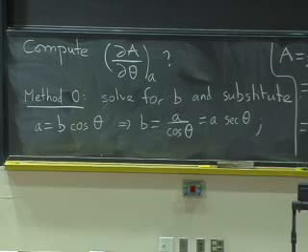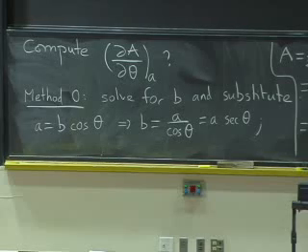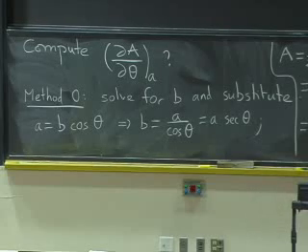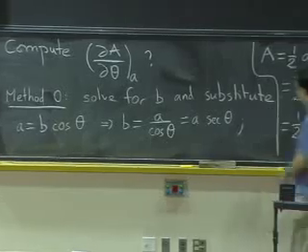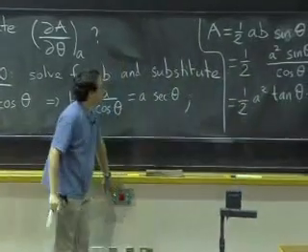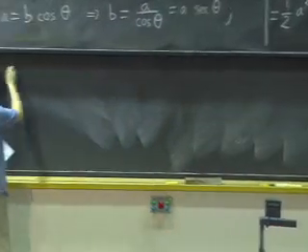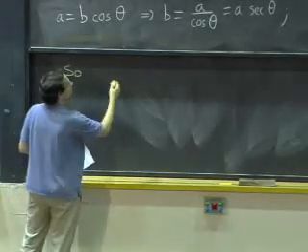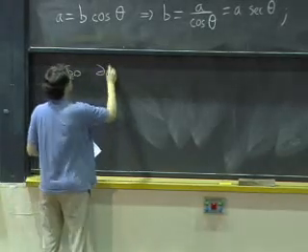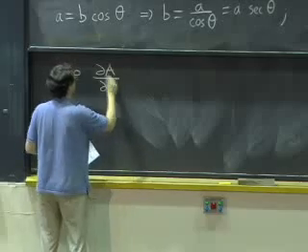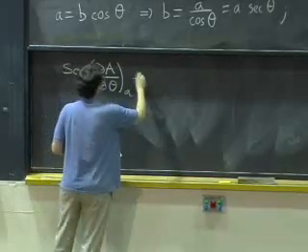Now that it's only a function of a and theta, I know what it means to take the partial derivative with respect to theta, keeping a constant. I know how to do it. So partial A over partial theta with a held constant.